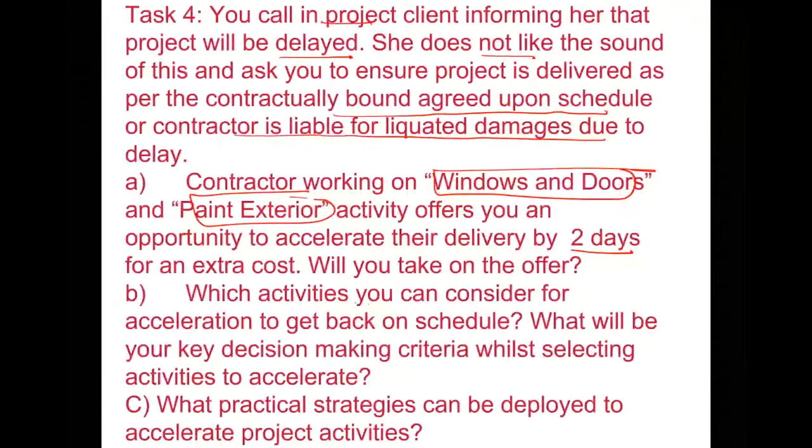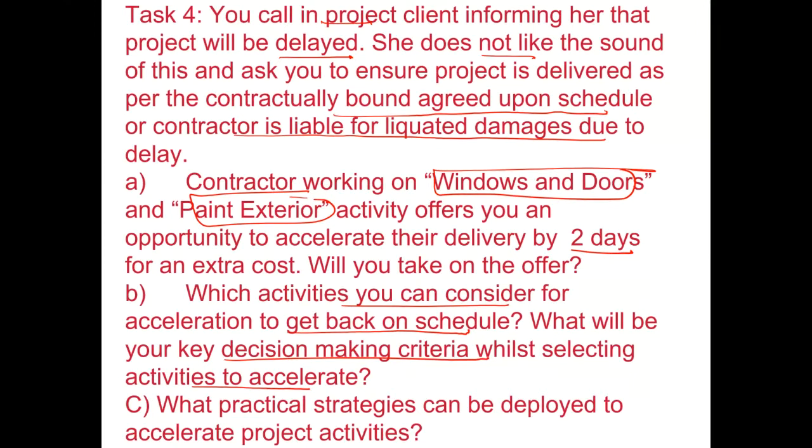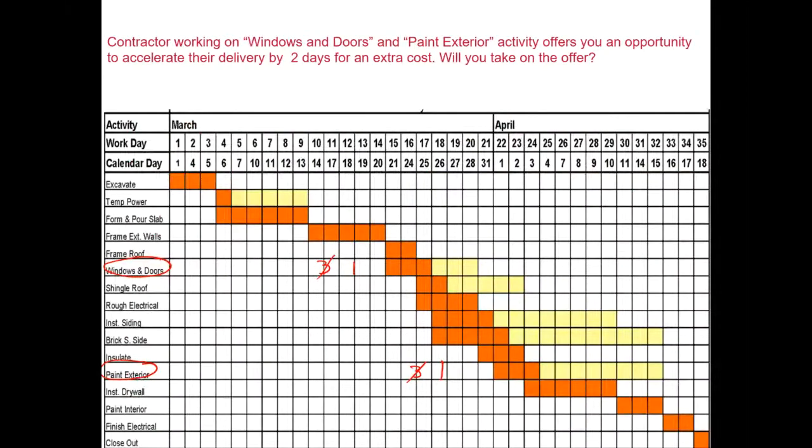So question is, which activities you can consider for acceleration to get back on schedule? What will be your key decision-making criteria while selecting activities to accelerate? If you are offered with a choice to accelerate, which are the activities that must be targeted for acceleration? So good. The answer is critical.